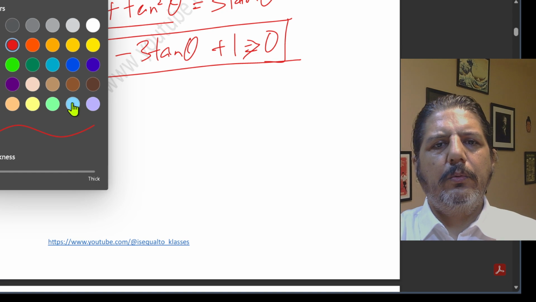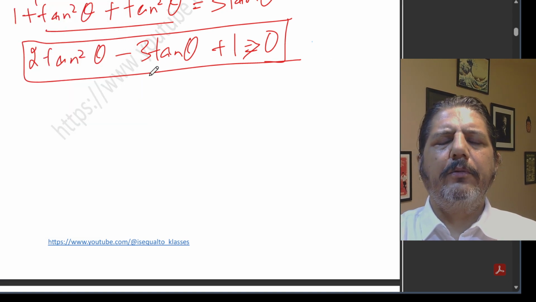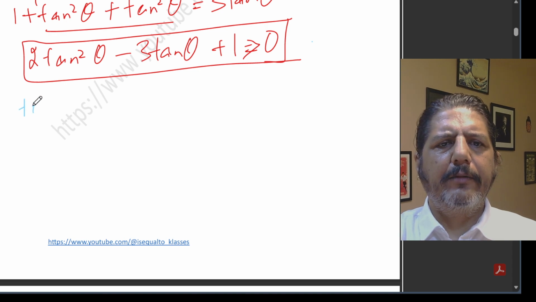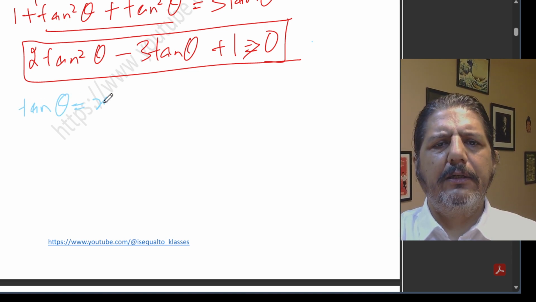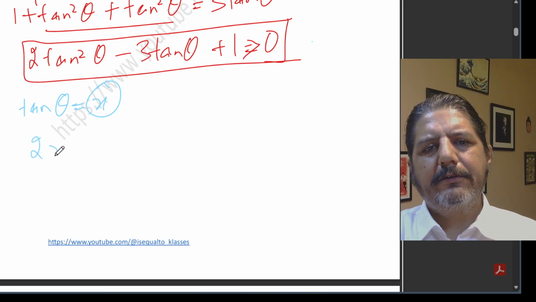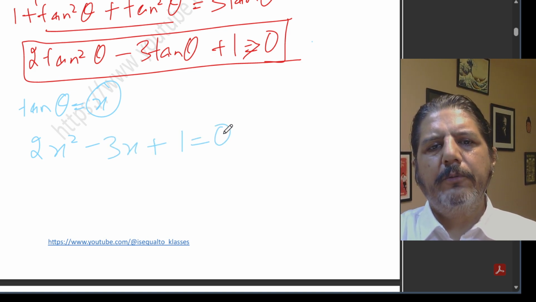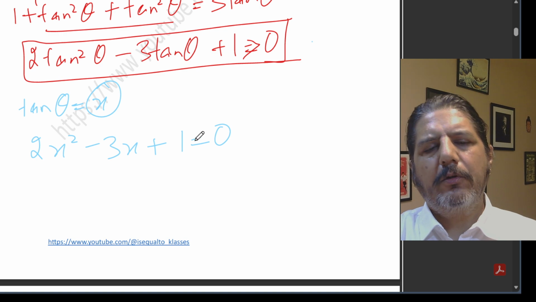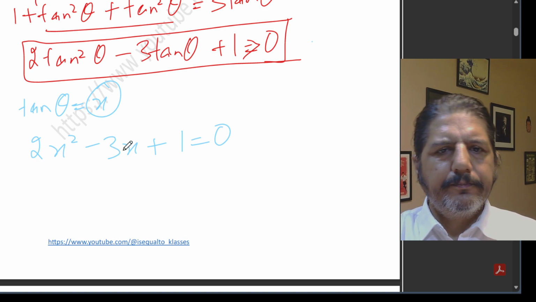Now, just to make it simple, and to avoid repeating tan theta again and again, let me replace tan theta by x, so that it becomes simpler to write. So, I'll write this as 2x square minus 3x plus 1 is equal to 0. As you can see, this is a quadratic equation.